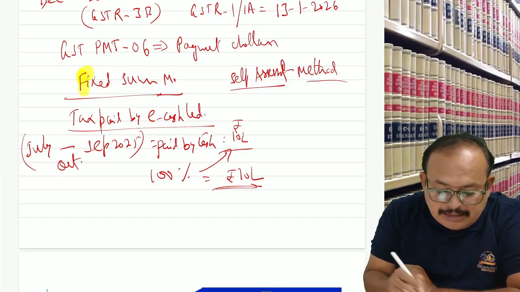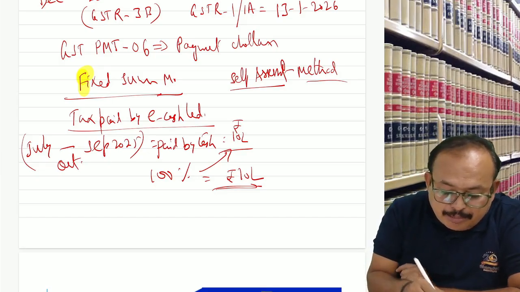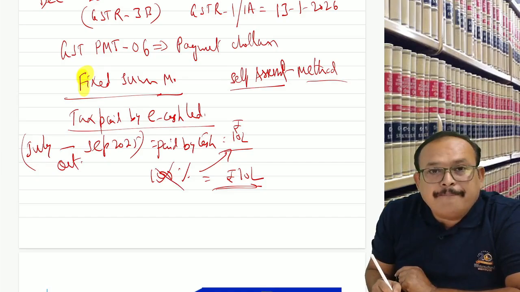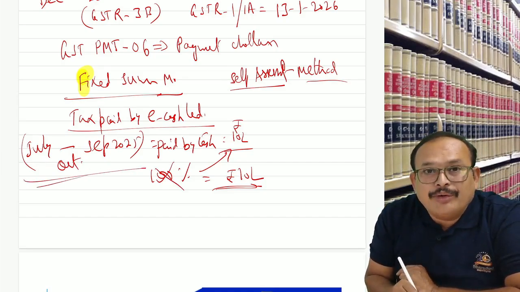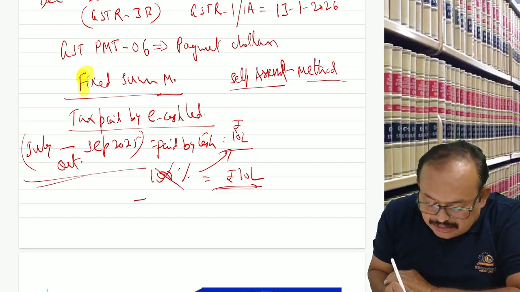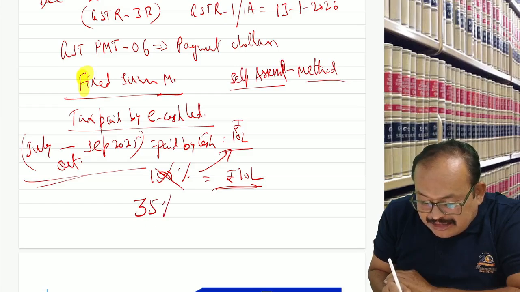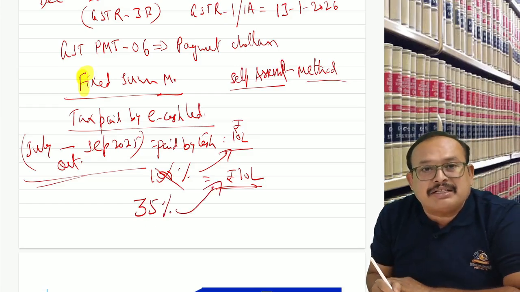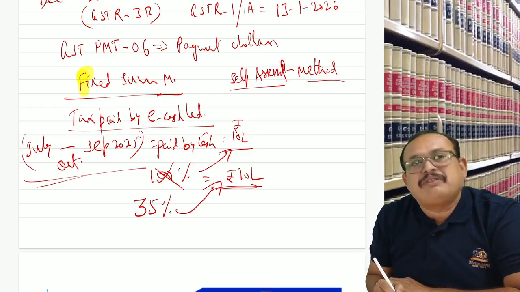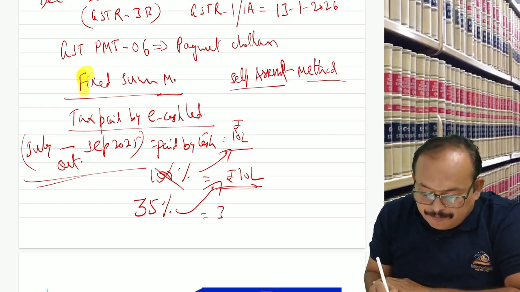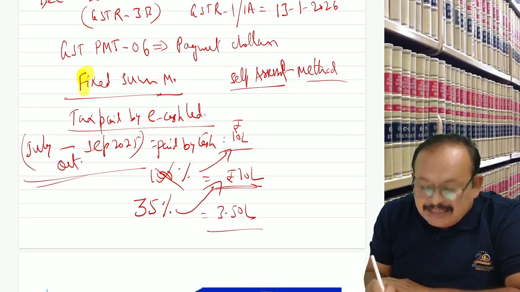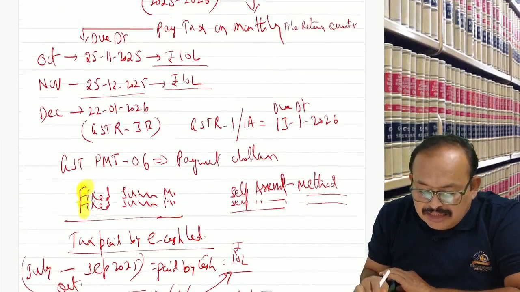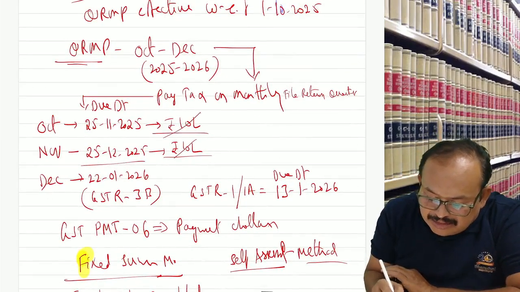In that case, it is not 100%. Quarterly I paid, no? In that case, 35% of the amount paid through the electronic cash ledger is the fixed sum for the first 2 months. How much comes in? 3,50,000 and 3,50,000.